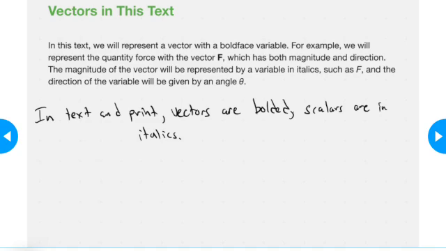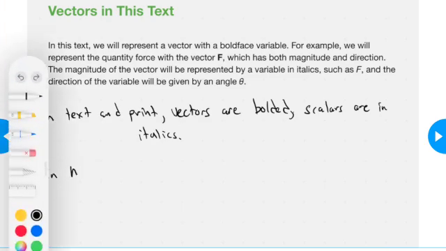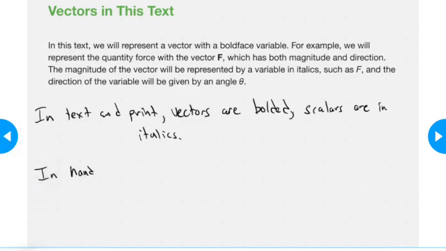Theta is also in italics. Now, we can't really write in bold or italics and have it be truly obvious that that's what we're doing. So in handwriting, vectors have arrows on top.